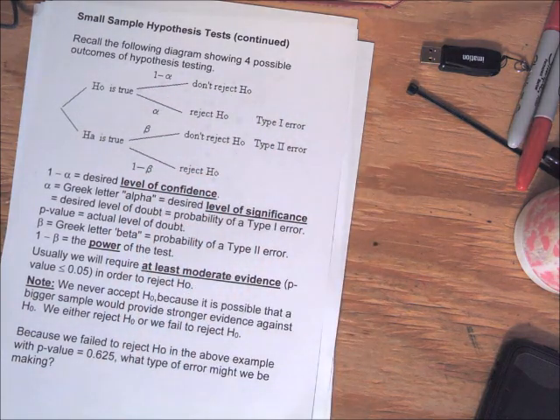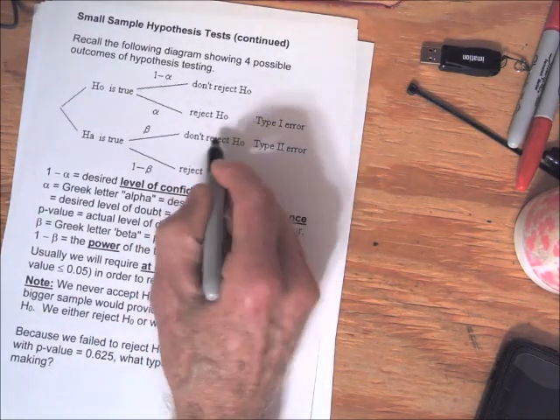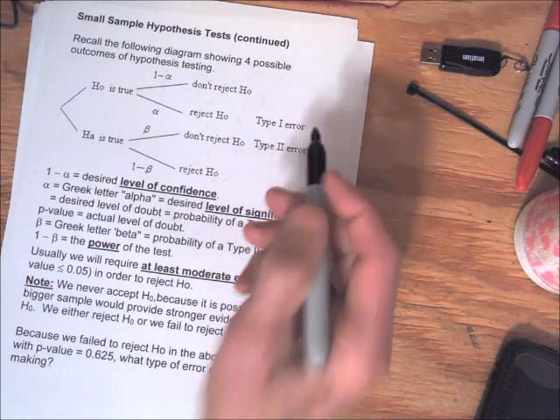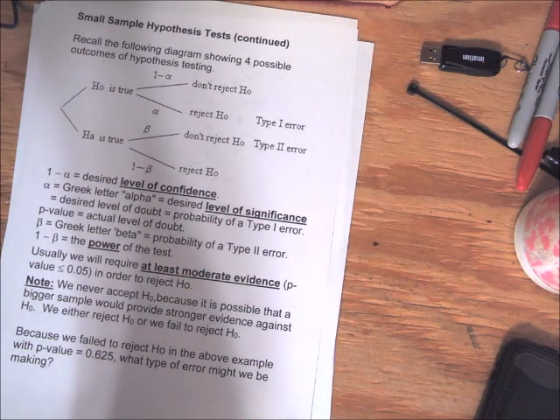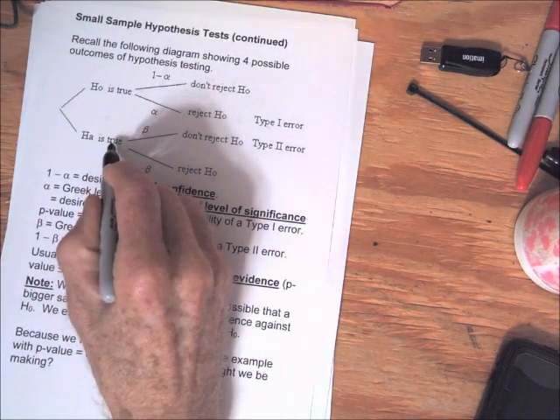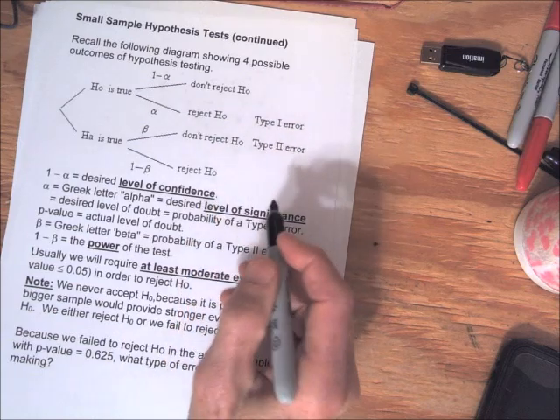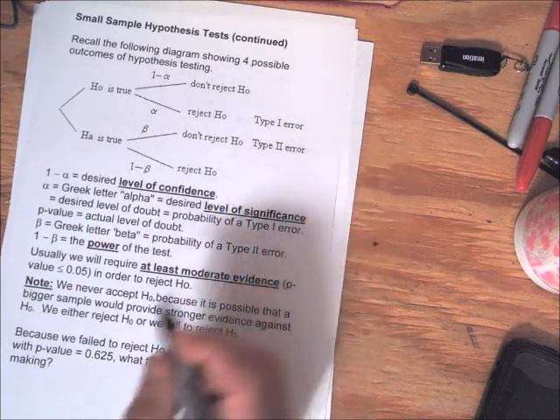We said it didn't provide enough evidence, and it's possible we would have made a type 2 error here because we didn't reject H0. So it's possible it really is unevenly weighted, but we didn't reject H0, and it's possible we would have made a type 2 error.